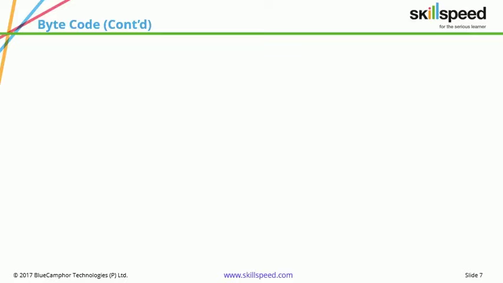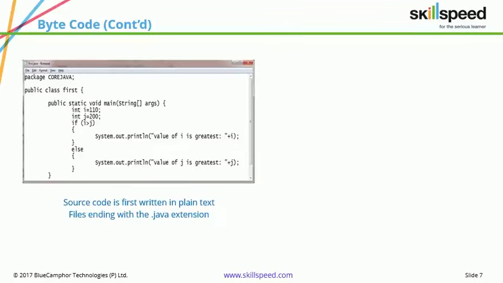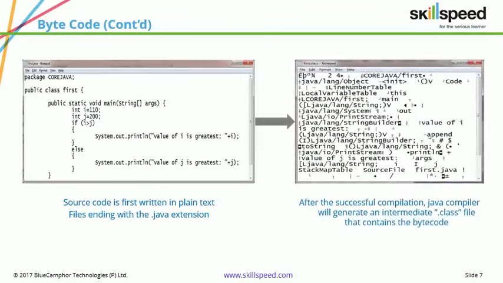So how is our Java file getting converted into some other file? Whenever you write simple source code in a Java file, say in a plain notepad or text file, and save it with a .java extension, and when you compile it, after successful compilation the Java compiler will generate a new intermediary file called a .class file, which will contain something called bytecode that I spoke about.